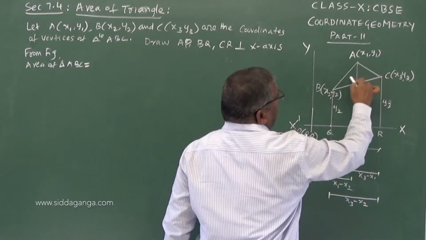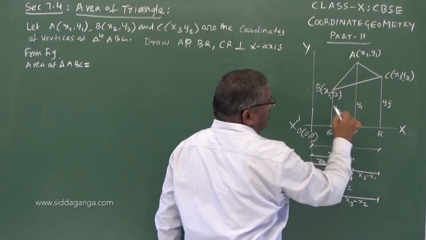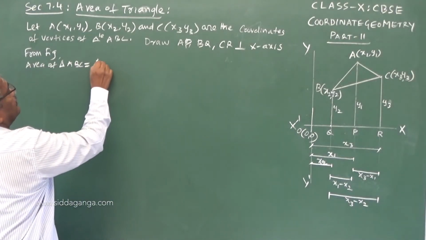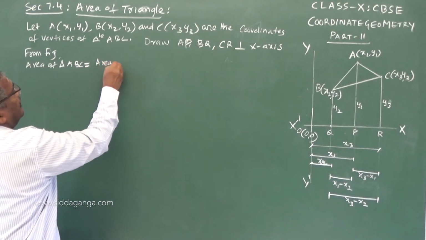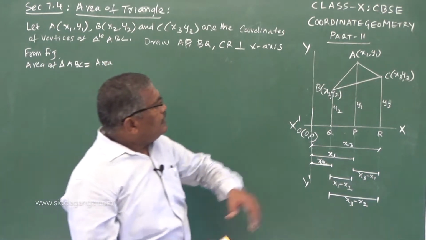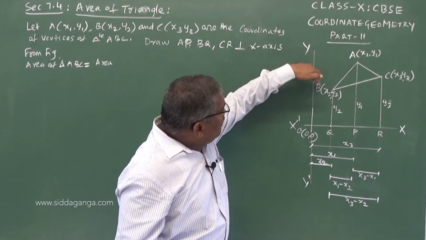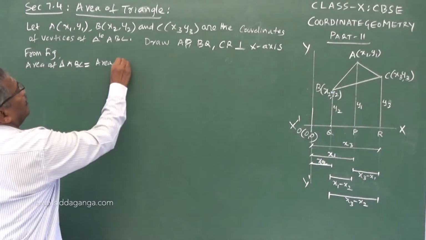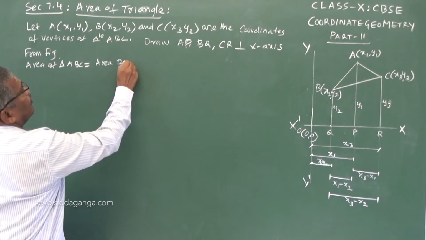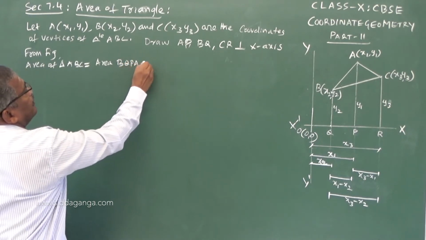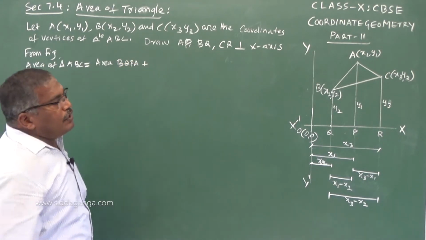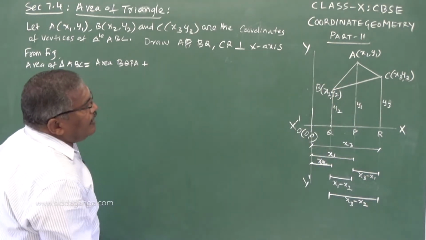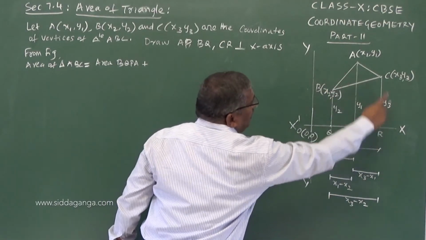I want this area, therefore this first trapezium area I will write like this: area of trapezium BQPA, plus, we know that it is a trapezium because these two are parallel, the second one, area of APRC.